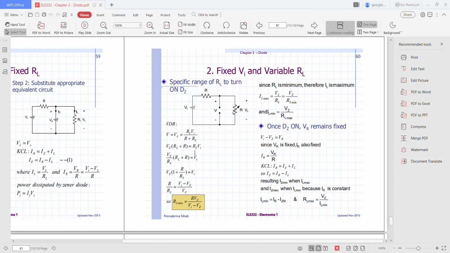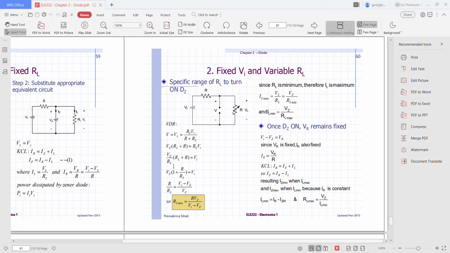So here you can see the equation will become Vz multiplied by RL plus R, that is by moving R plus RL to the other side, and this will equal RL Vin. So Vz over RL times RL plus R equals Vin.